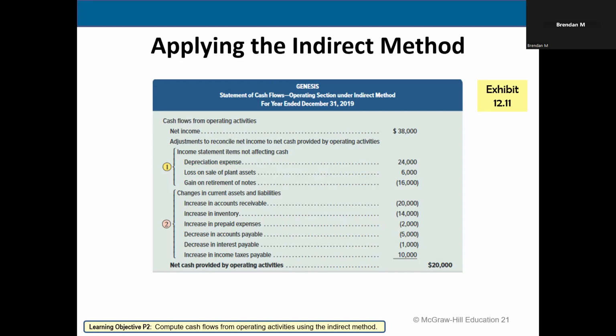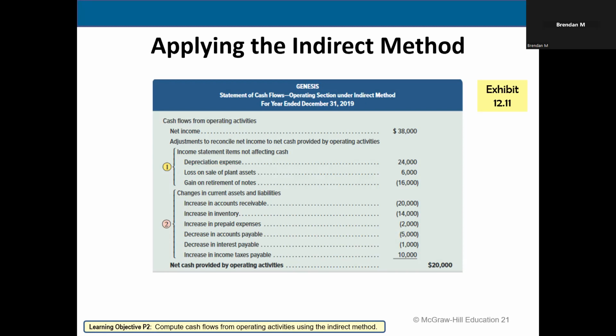If there is an increase in a current asset, that is an unfavorable cash flow activity. Let me use accounts receivable as what I think will be a clear example. What increases accounts receivable? Sales made on credit. You've given your product away in the hope of getting paid in the future.